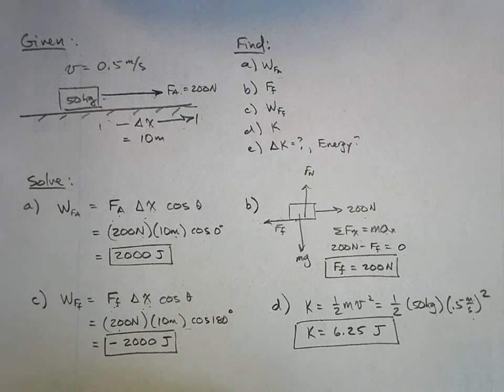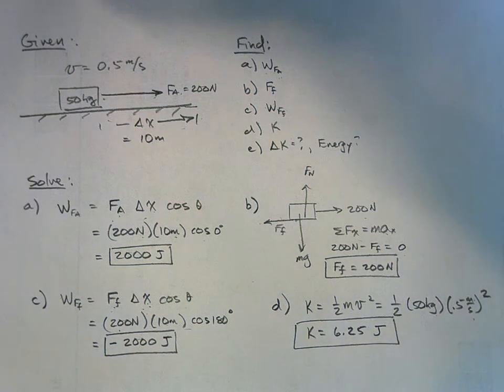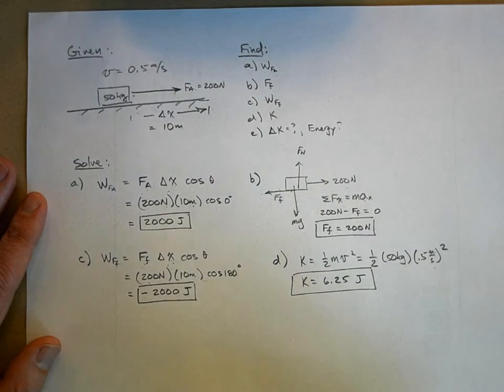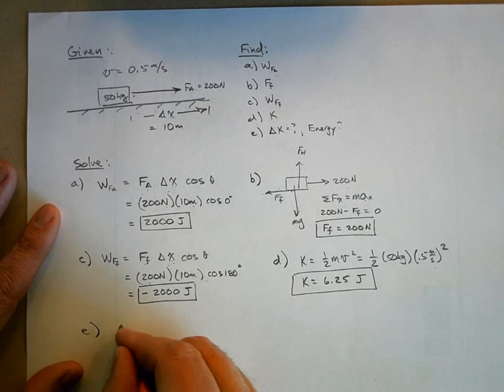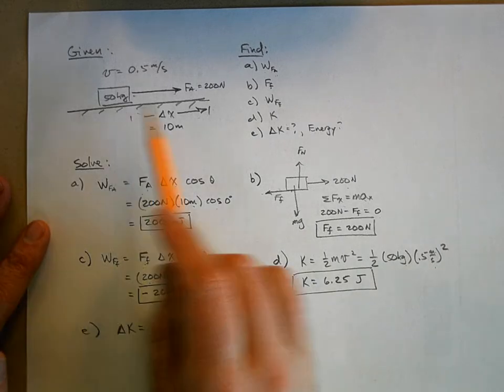Now let's talk about this last part E. It says, what's the change in kinetic energy? Well, you can just look at the problem and tell me what delta K is equal to. What's the change in kinetic energy going to be from here to here?